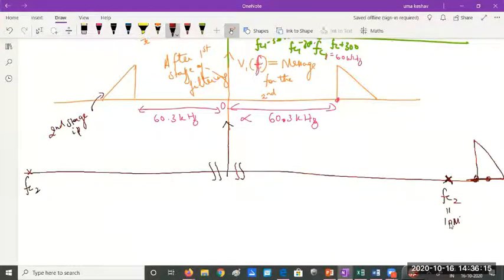This is around 9.94 meg. We calculated FC2 should be around 9.94 meg. If I want total FC as 10 megahertz, it should be FC1 plus FC2, 60K plus 9.94 mega. So naturally there is a large separation between this and this.